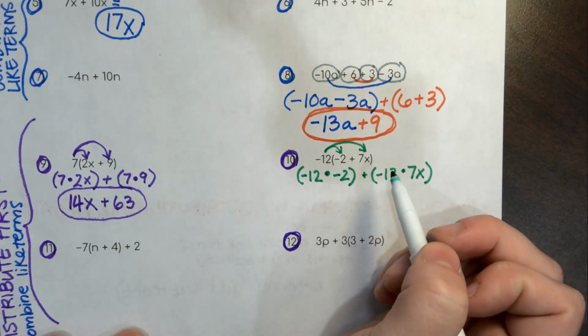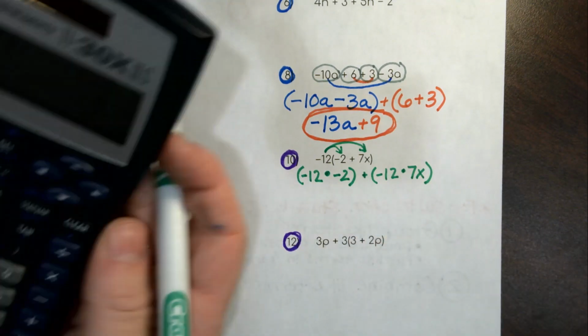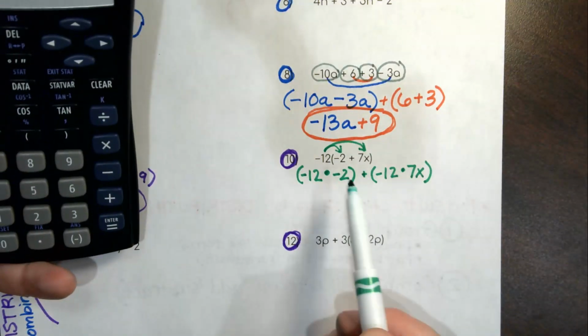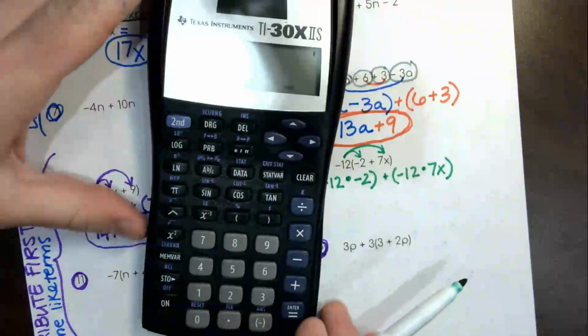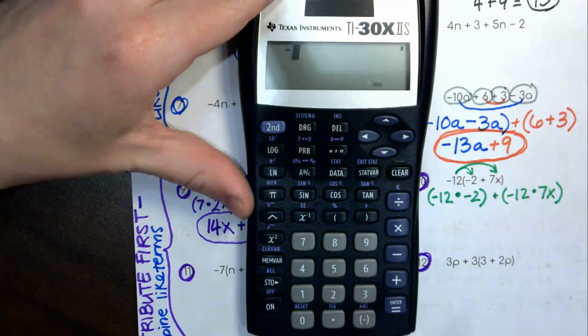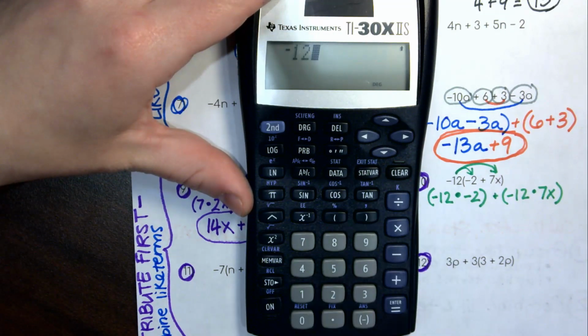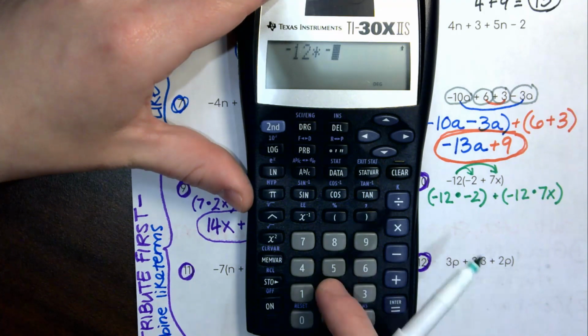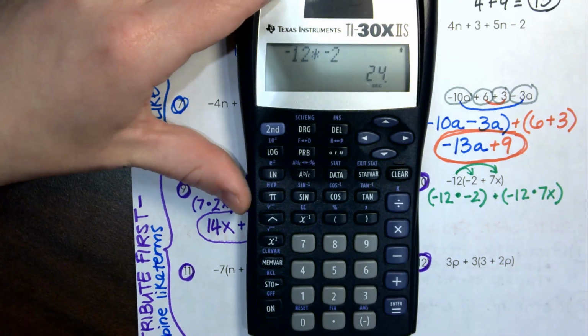Positive 24. When you multiply two negatives, you get a positive. I'll show you on here in case we forgot. Negative 12 times negative 2, positive 24.